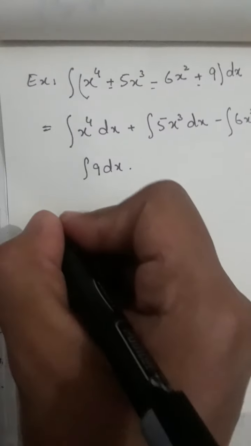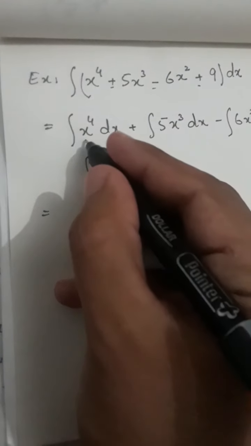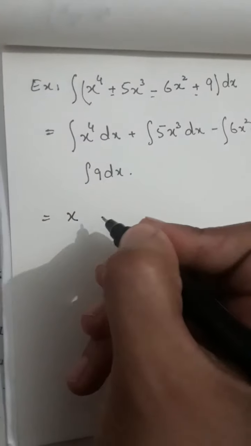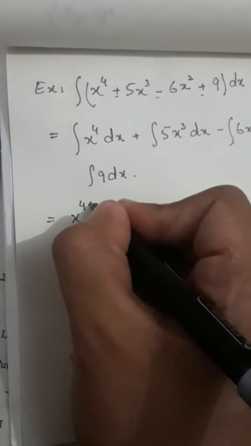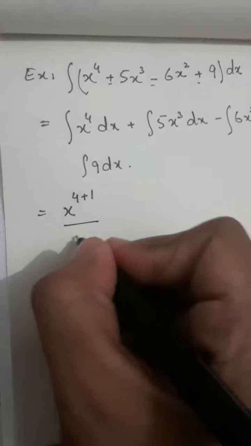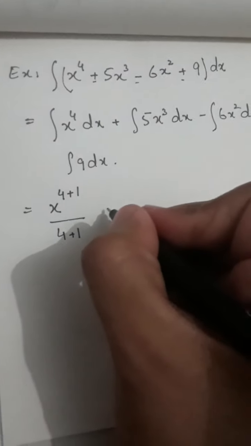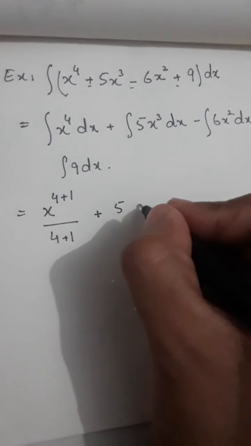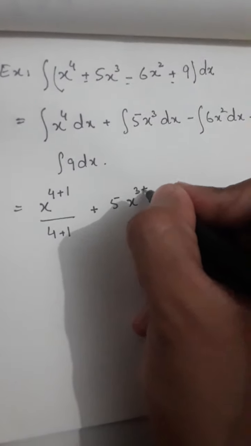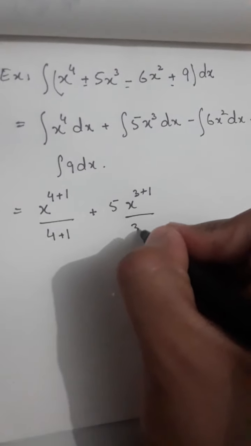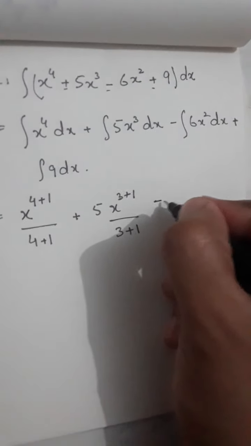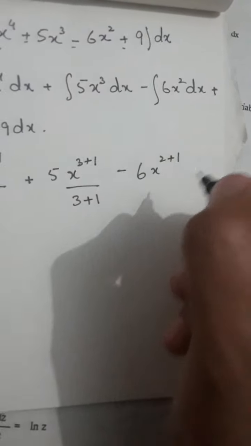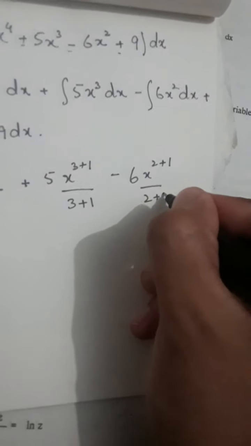Alright, solving each. This is x power 4, so I'll be writing x to the power 4 plus 1 divided by 4 plus 1. Plus 5 is a constant, I'll write it as such, x raised to the power 3 plus 1 divided by 3 plus 1. Minus 6 is a coefficient or constant, I'll write it as such, x raised to the power 2 plus 1 divided by 2 plus 1.